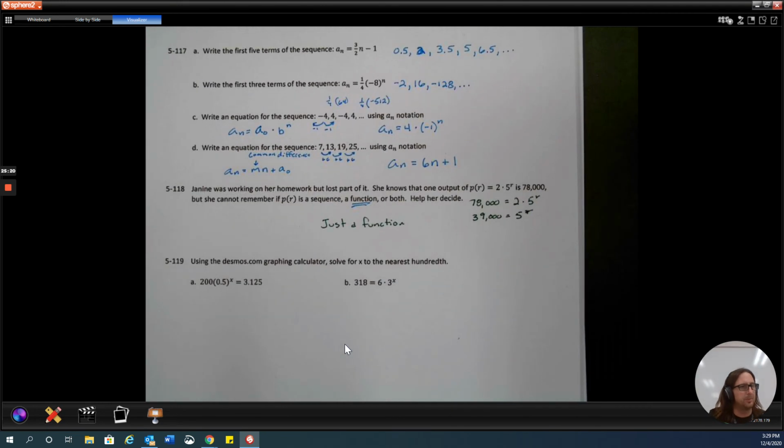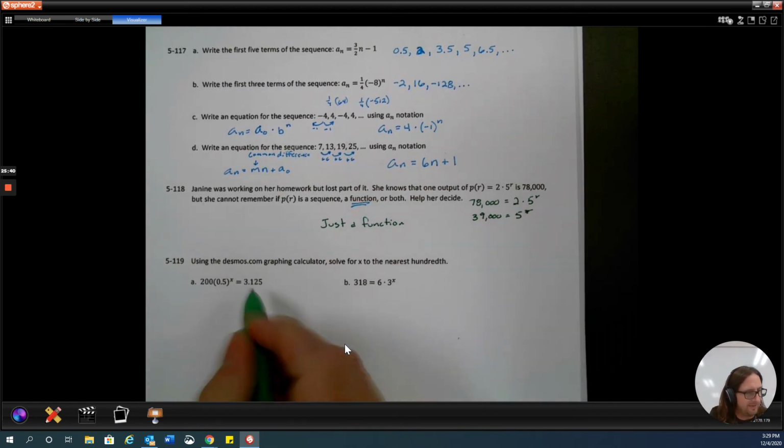All right, last thing, we're going to pull up Desmos real quick, and we're going to see if we can solve for x on this function right here by just looking at Desmos. Now, what's interesting here is this is our y value, right?